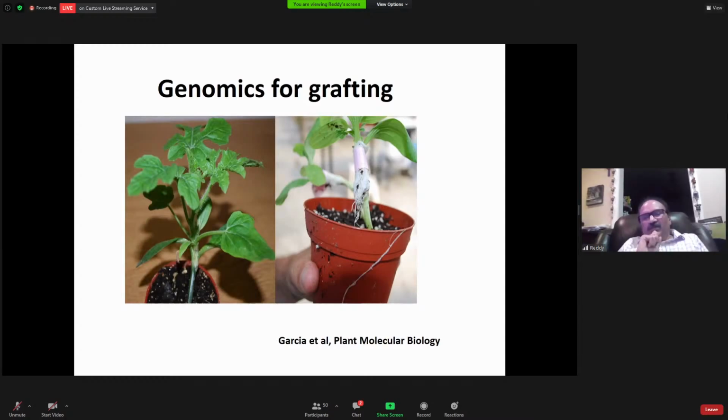The lauki has a lot of resistance genes, especially for soil-borne diseases like fusarium wilt, and for several heavy metals and drought resistance. So many good traits are there in bottle gourd. If the watermelon is grafted on top of the bottle gourd, you can produce very high quality watermelon fruits, very large, and fruit size is increased.